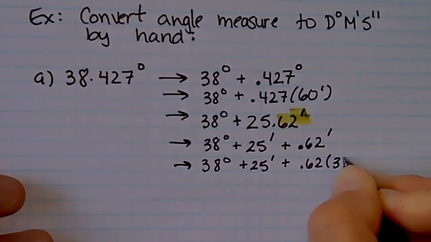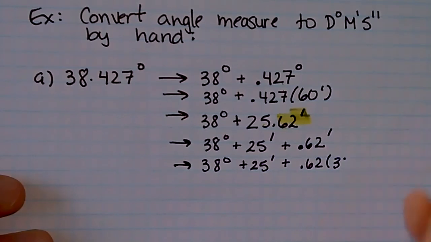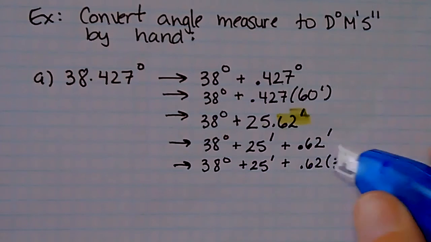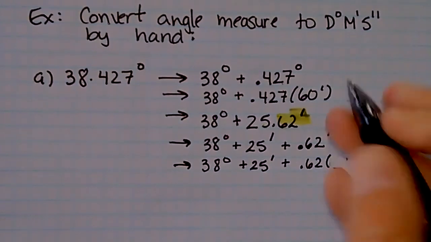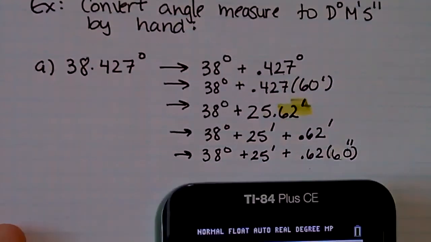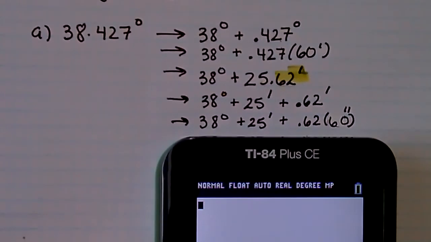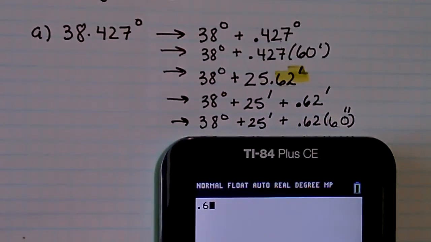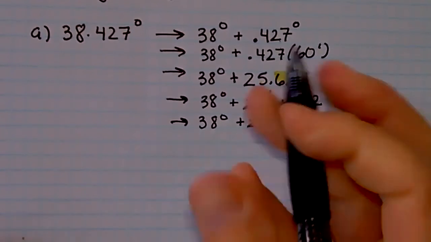Sorry, this is in minutes. So I'm going to be multiplying it by 60 seconds, okay, because there's 60 seconds in a minute. And so I'm going to have 0.62 times 60, and I end up with 37.2.